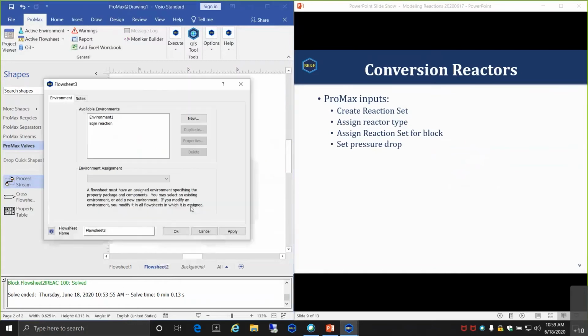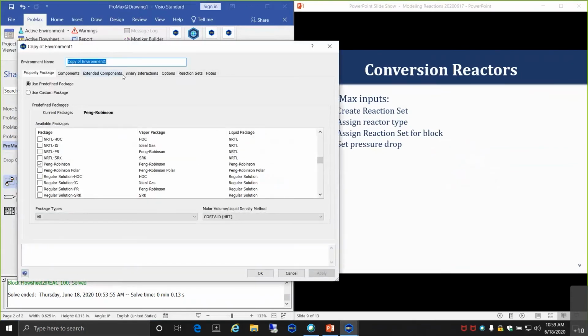So let's add another flow sheet. We're going to duplicate this one again, and this is my conversion.